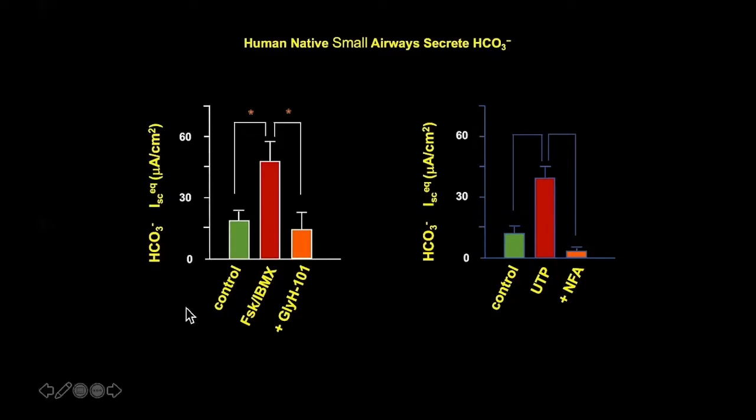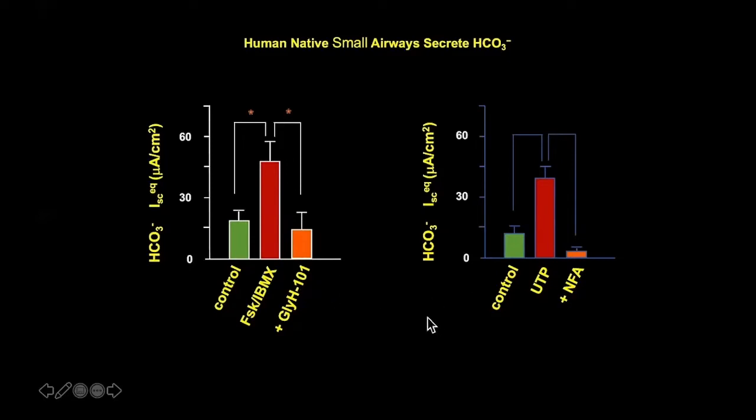And here, if we look at the human bronchiolar tissue, we find that forskolin has a dramatic effect on stimulating the short circuit current in these cells, and GlyH, the specific inhibitor of CFTR, has a dramatic effect of inhibiting the stimulated secretion.